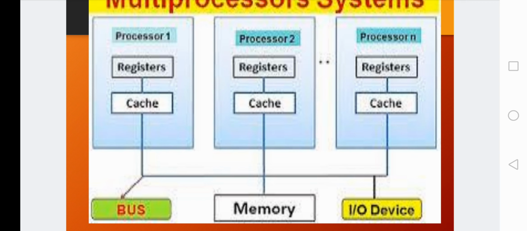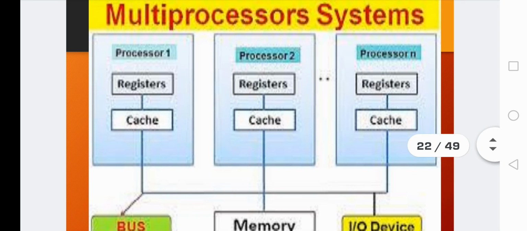What is the actual thing that we are going to transfer with the help of a bus? On that basis we can classify the various categories of buses. That is, there are various types of buses, explained based on what we are going to use the bus for. That I will tell you in later classes, but for now you have to be aware that you have different processors in this multiprocessor system.